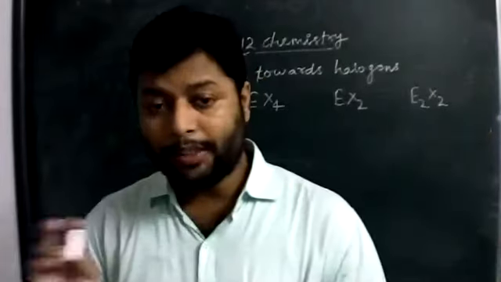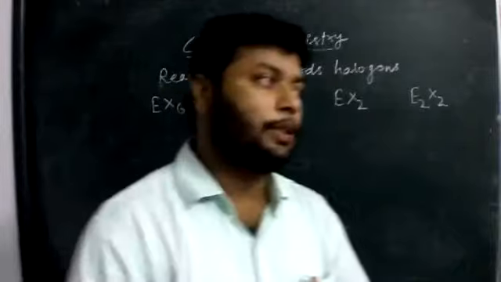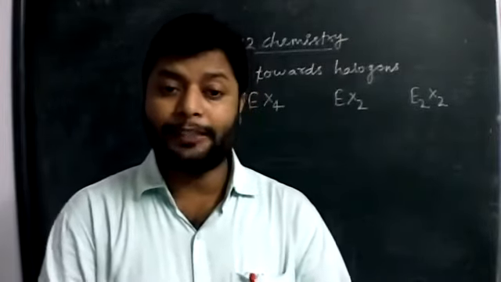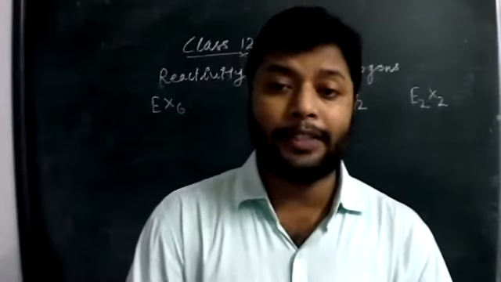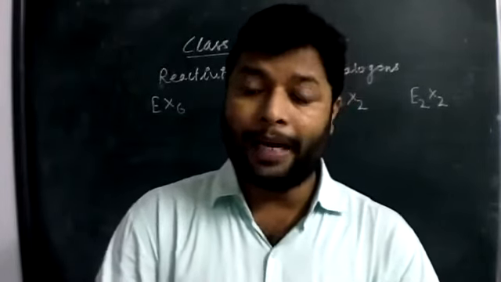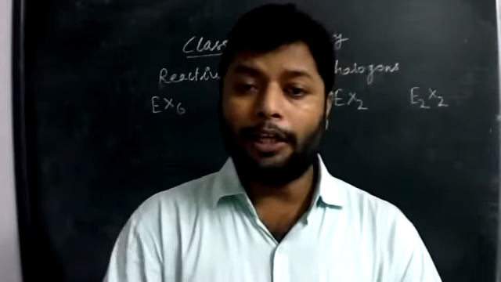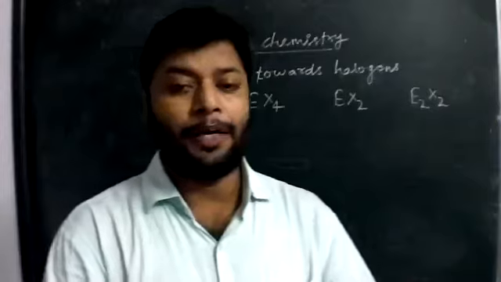You have to notice here that whenever you study different compounds, the stability always depends upon the extent of bonding, the extent of overlapping, and the tendency of hybridization. All these terms make a stable bond for any compound.